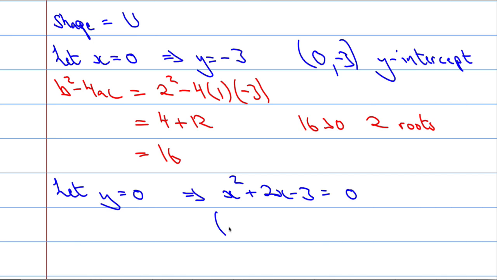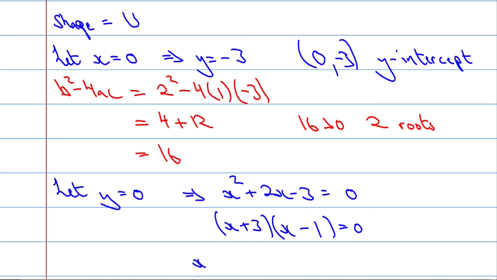So think of 2 factors that multiply to give negative 3, but add to give 2. x and x, and then it's going to be plus 3, take away 1. 3, take away 1 is 2, and 3 times minus 1 is minus 3.